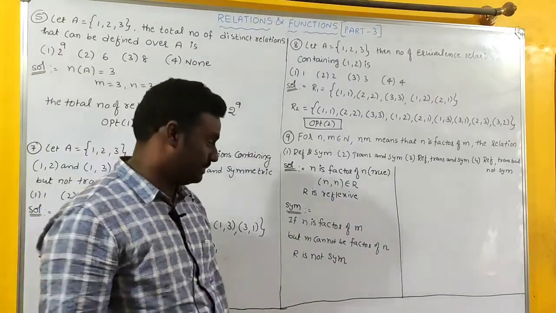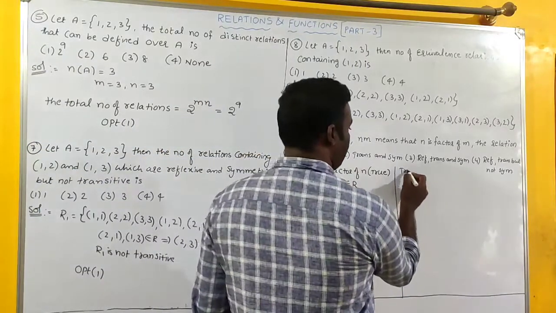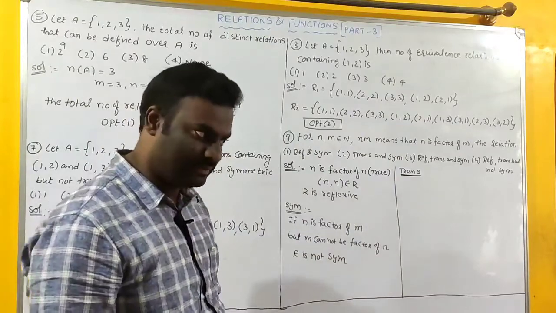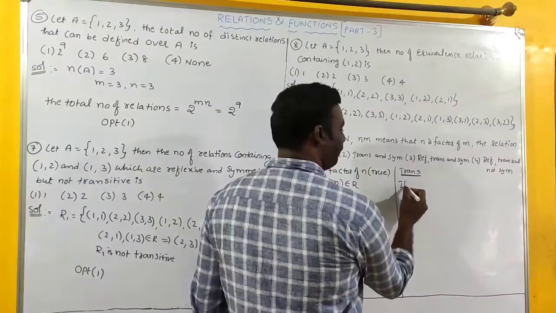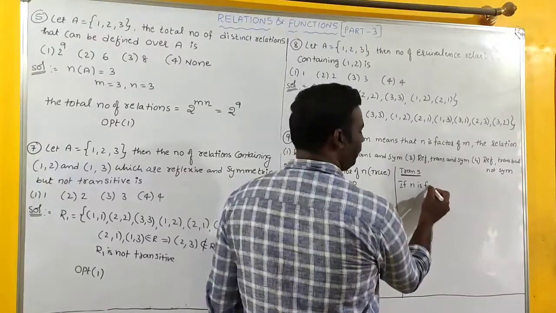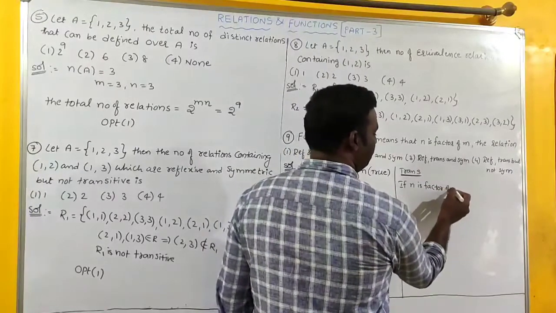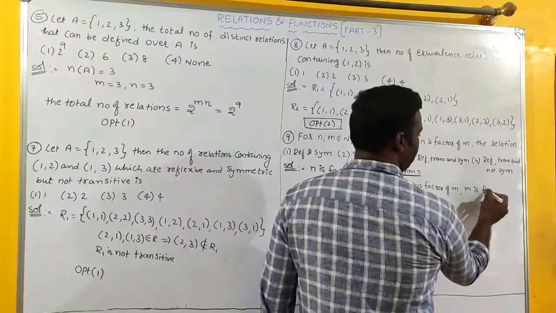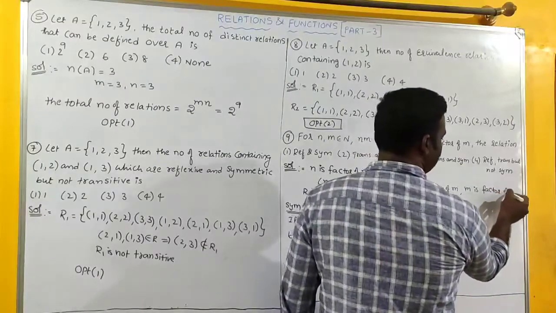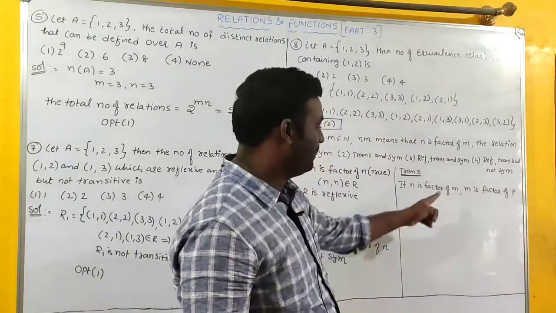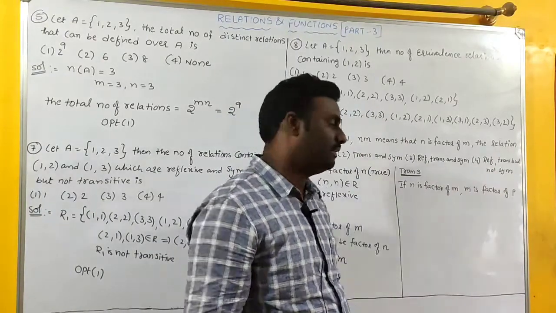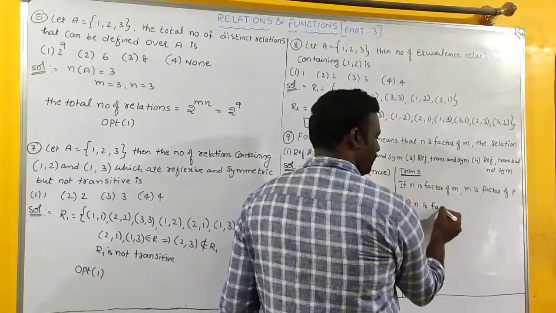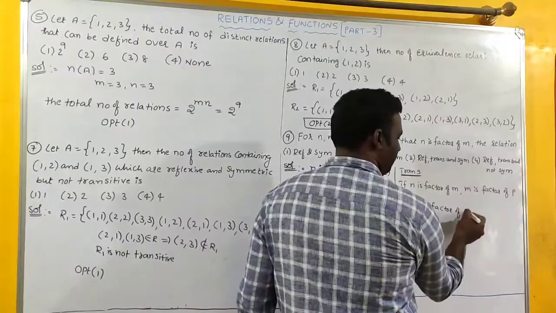Okay, but transitive I will check. Is it possible or not? Yes. If n is a factor of m, m is a factor of p. If I take like this, if n is a factor of m and m is a factor of p, from these two statements I can write n is a factor of p.